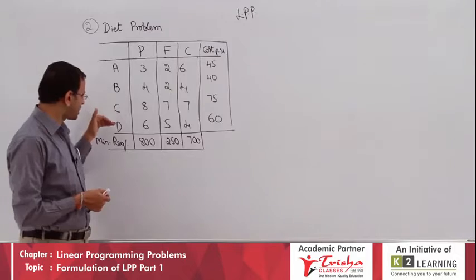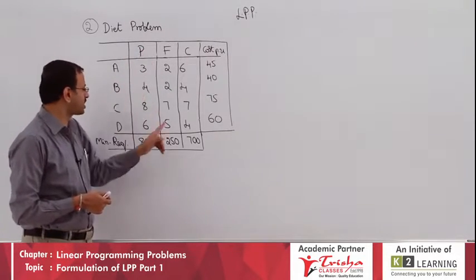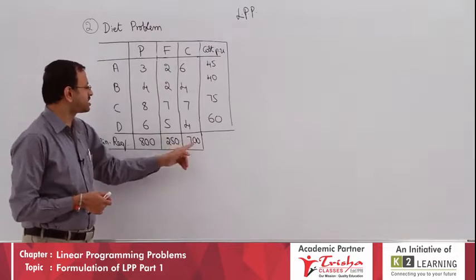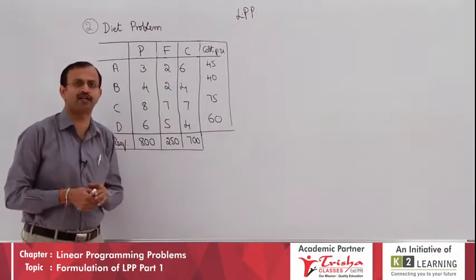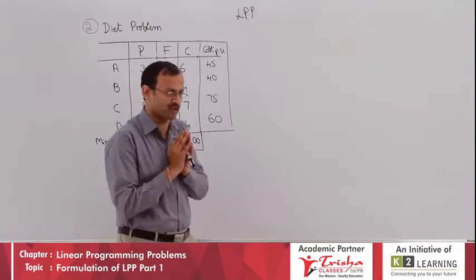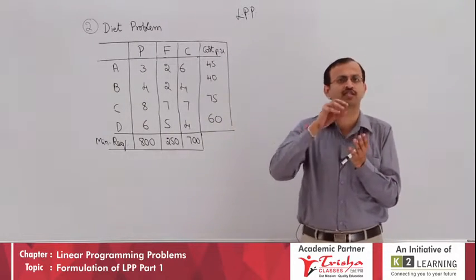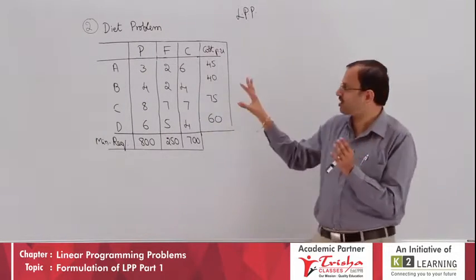Same with B, C and D. Minimum requirement is 800 units of protein, 250 units of fats, 700 units of carbohydrates. Now, what is our work? If you read that question properly, we need to know how to formulate the given situation in LPP form. These are all the details given.